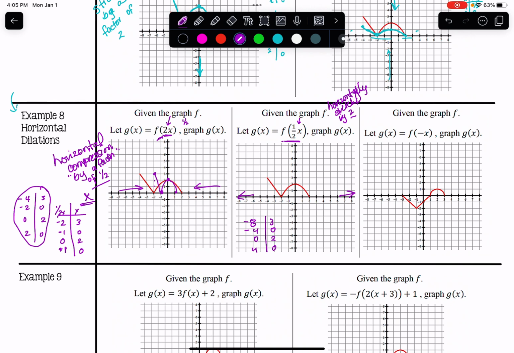So -8, 3, -4, 0, 0, 2, and 4, 0. So you can tell this is really stretched out. And this goes like that. Okay, so there's the new graph.